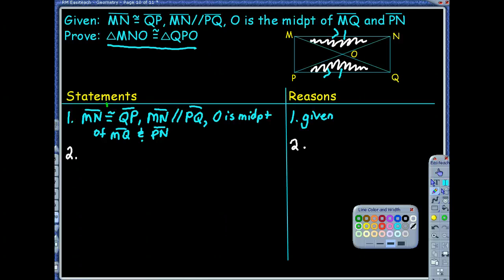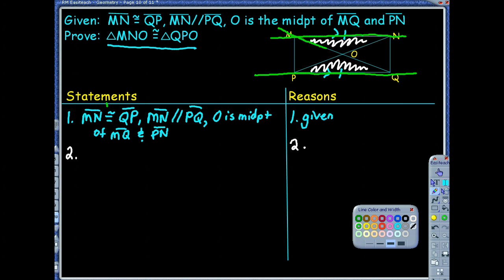Parallels means that we have some angles that are congruent, possibly with some special angle pairs. I notice that we have some alternate interior angles, if I look at those parallel lines, depending on which transversal we use. So this is the parallel. Which transversal do you want to use? So let's start with MQ.